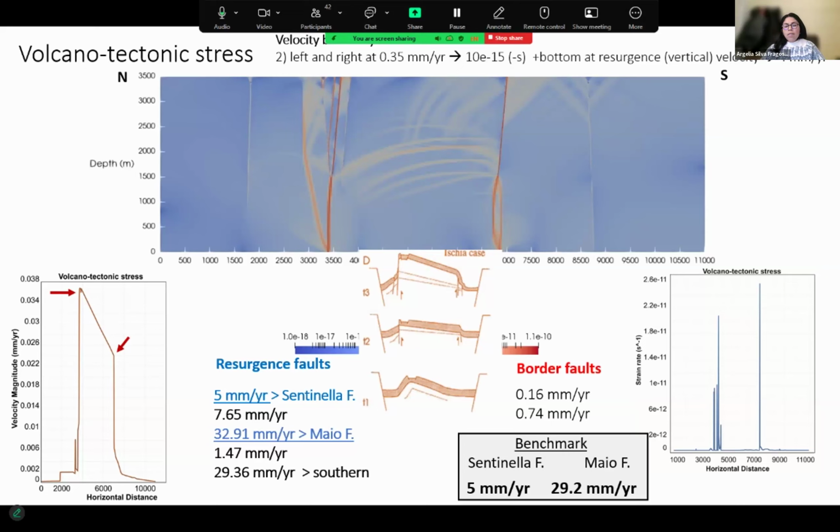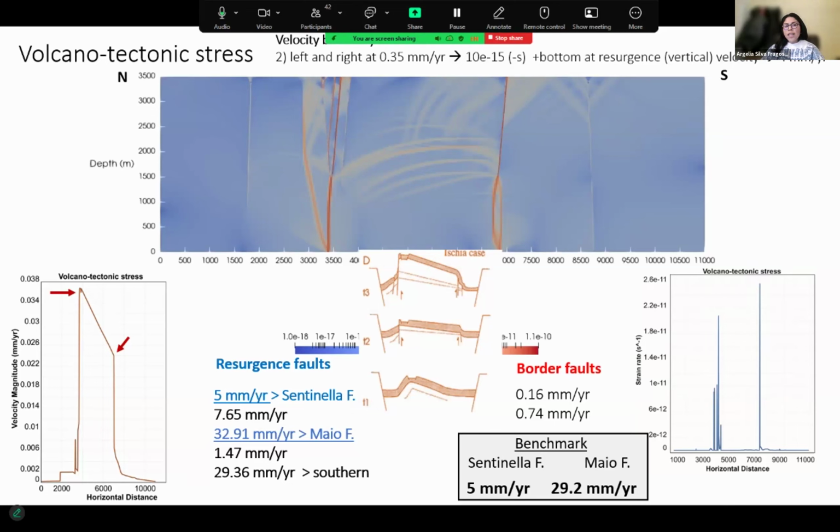This difference between these two velocities can represent that when you have a magma body in upward movement, the deformation also dissipates in a way of ductile deformation.